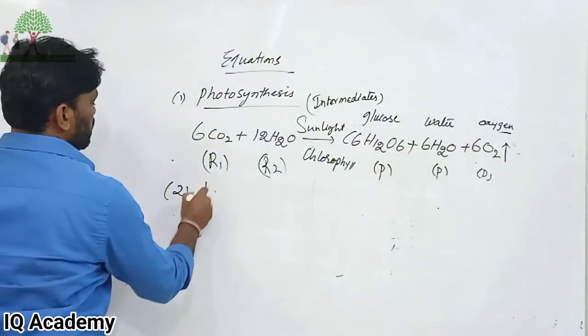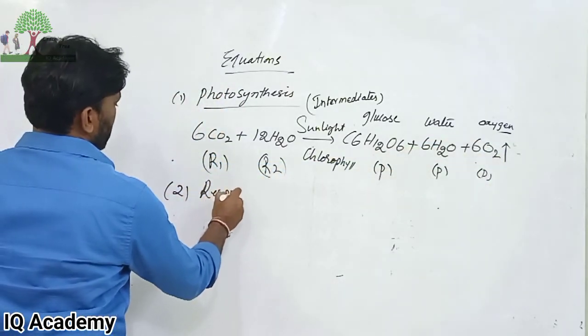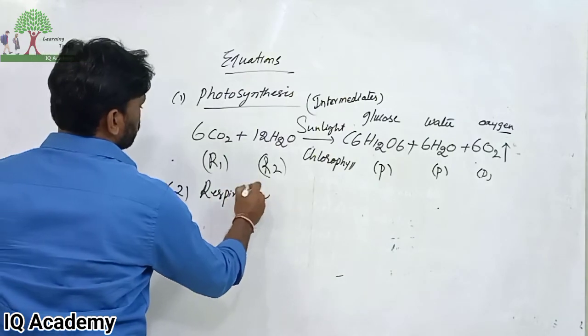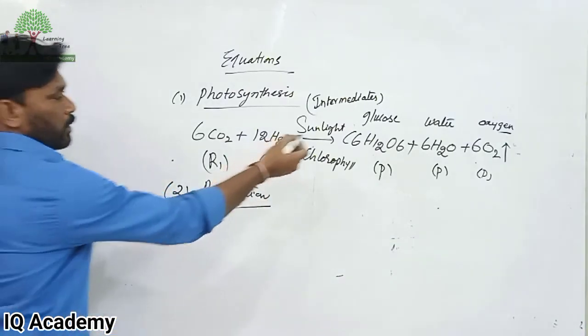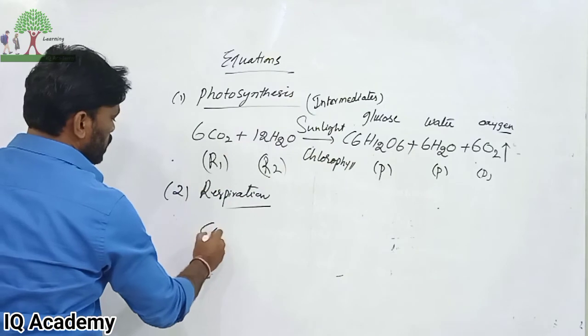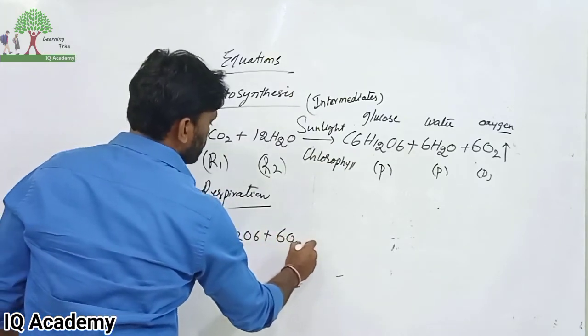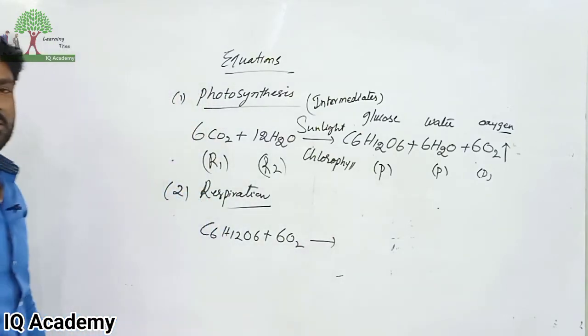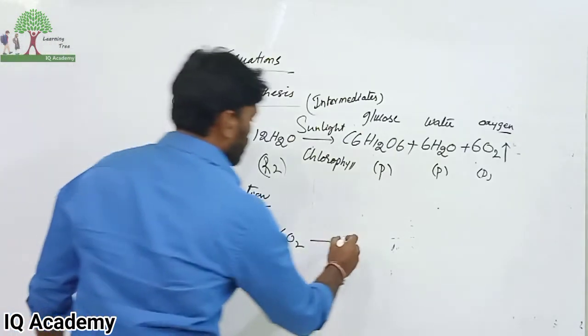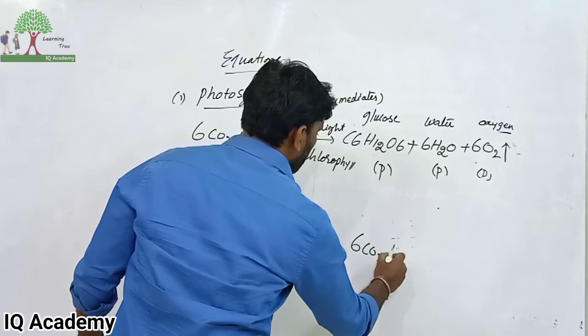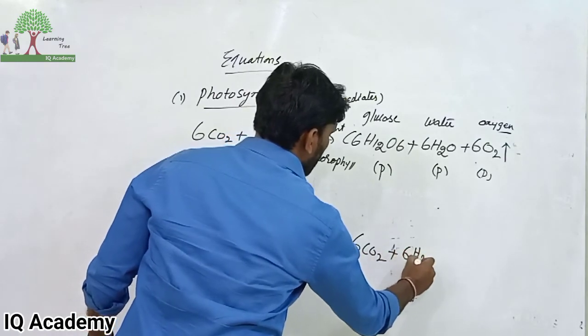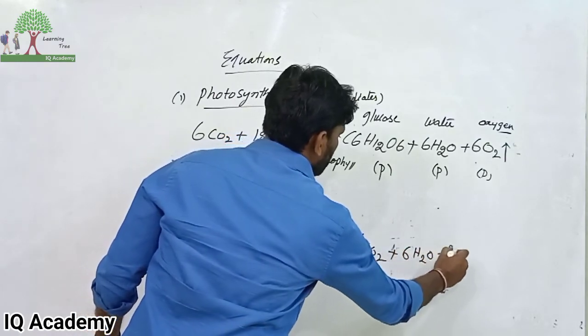Then respiration. Glucose, C6H12O6, in the presence of oxygen gives 6CO2 plus 6H2O plus some energy released.